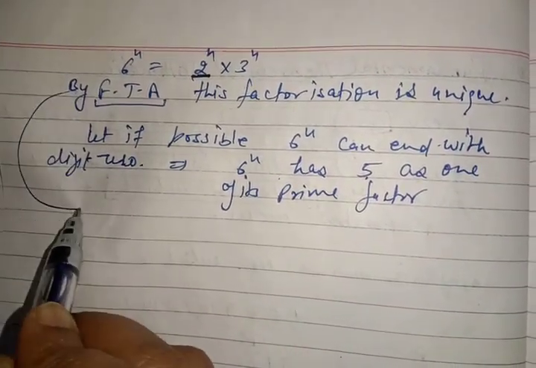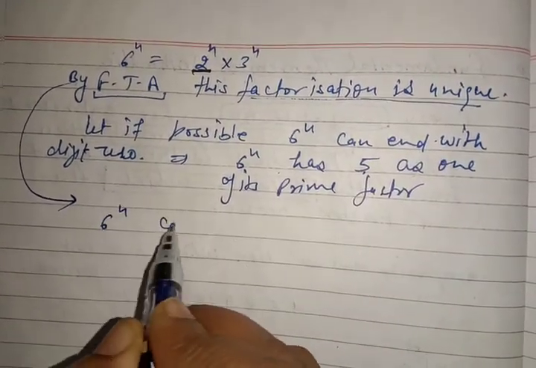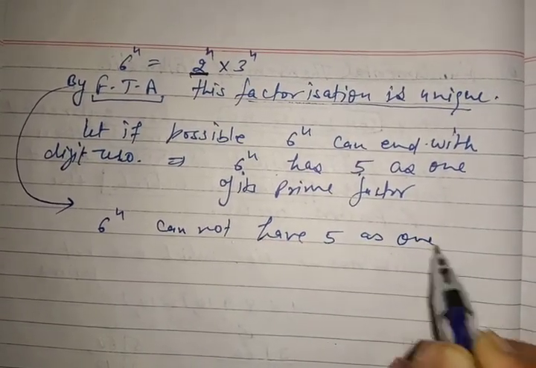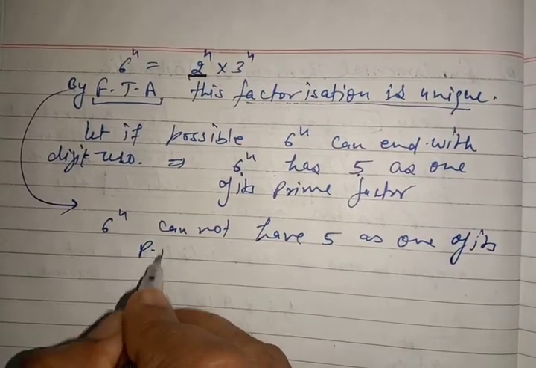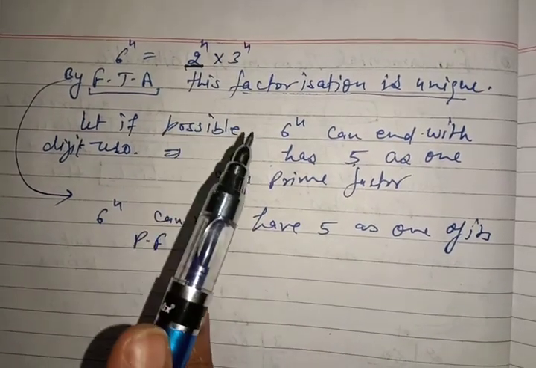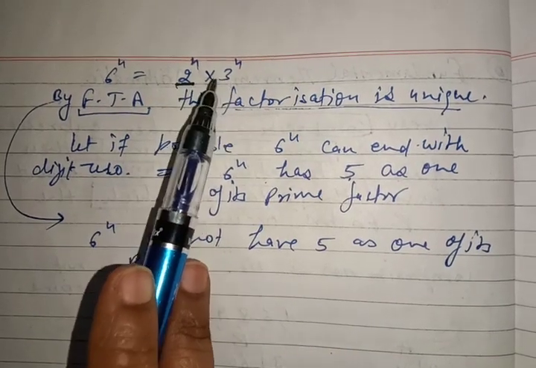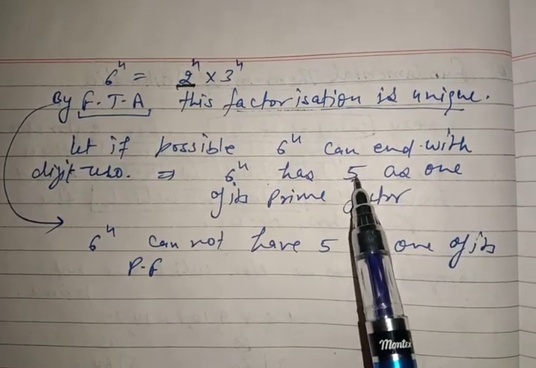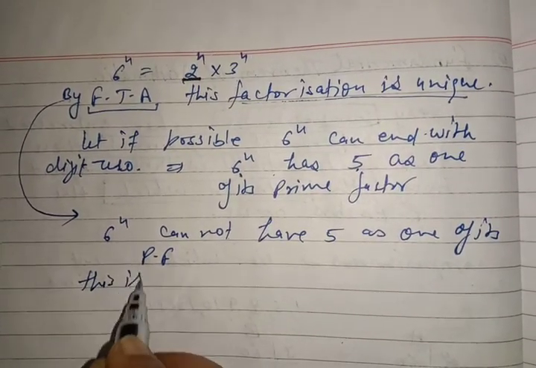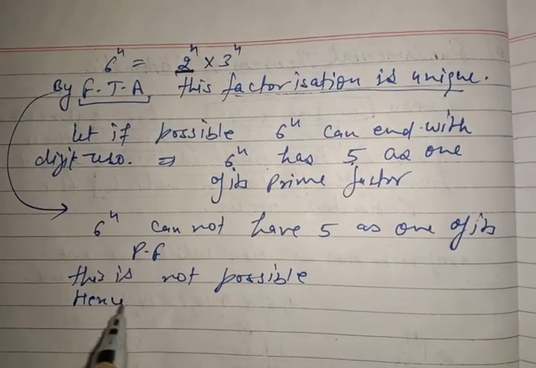by the fundamental theorem of arithmetic, this factorization is unique, so 6n cannot have 5 as one of its prime factors. 6n can have only 2 and 3 as its factors. The fundamental theorem says the factorization will be unique, it means 6 should have factors only 2 and 3, and when we moved forward in our question we are saying 5 is one of its factors, so this is not possible. So we write: this is not possible, hence our supposition is wrong.